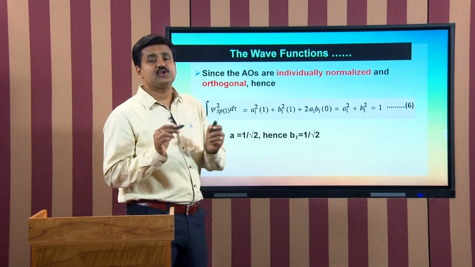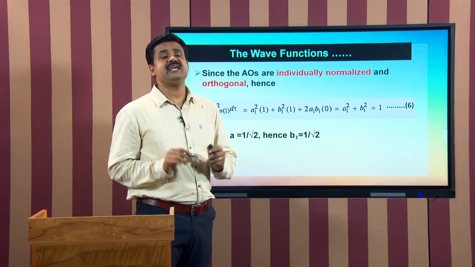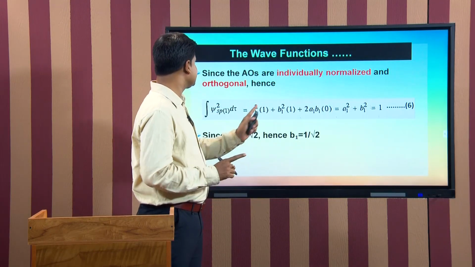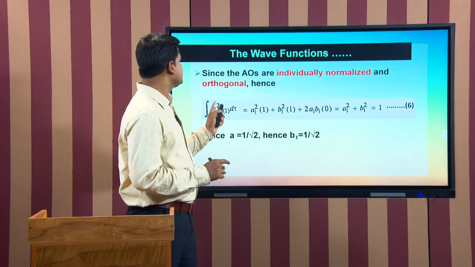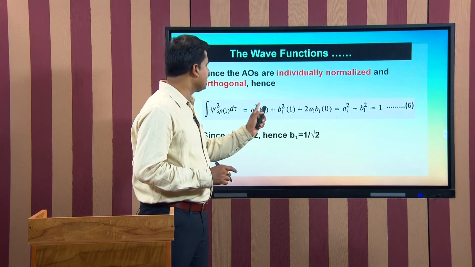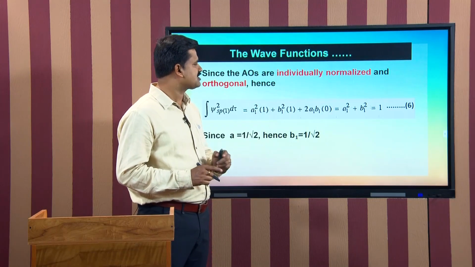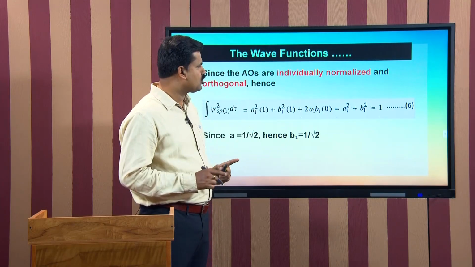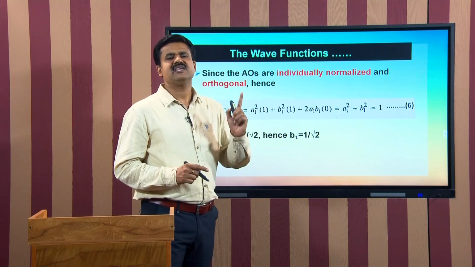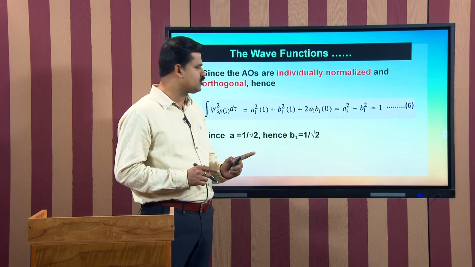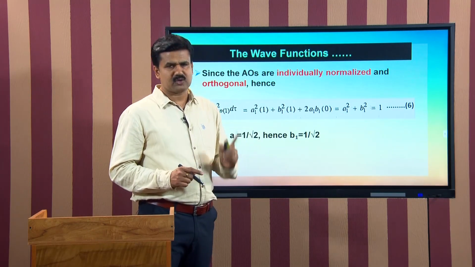Since the atomic orbitals are individually normalized and mutually orthogonal, we can write this expression: integral psi square sp1 d tau equal to a1 square plus b1 square plus 2a1 b1, that is equal to a1 square plus b1 square equal to 1. Since a is equal to 1 by root 2, b also 1 by root 2.